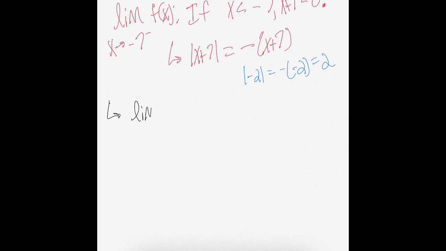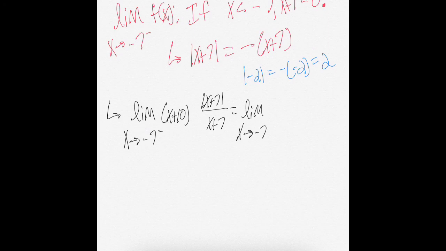Okay, so with that observation in hand, limit as x approaches -7 from the left, x plus 10 times absolute value x plus 7 over x plus 7. Well, now I'm going to replace that absolute value with a negative sign: x plus 10, and I've got negative x plus 7 over x plus 7.